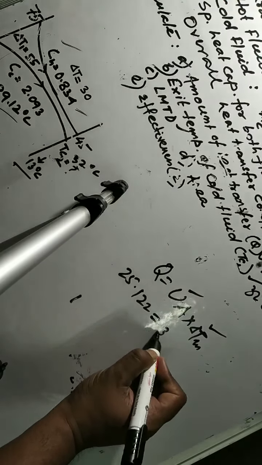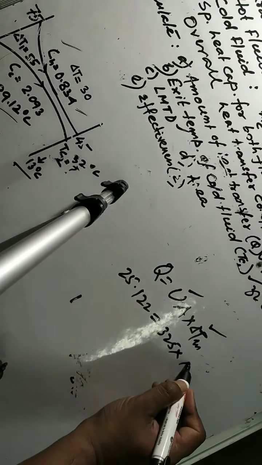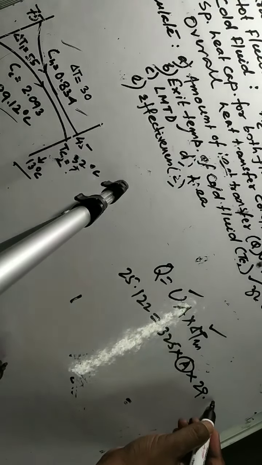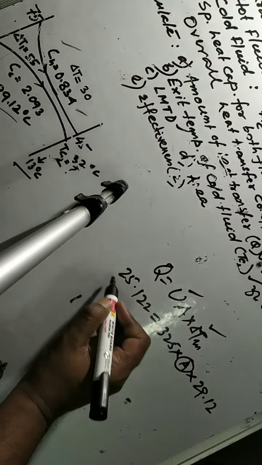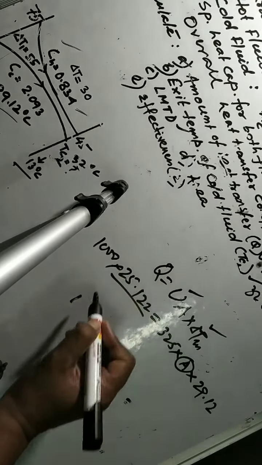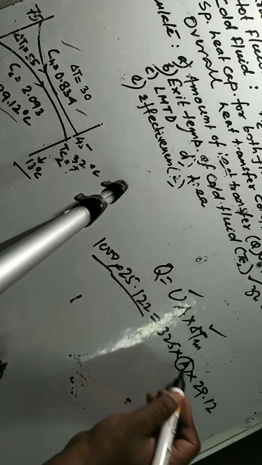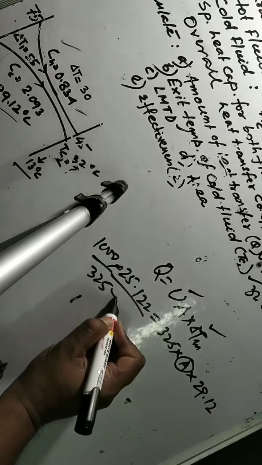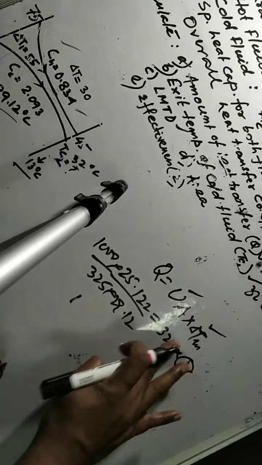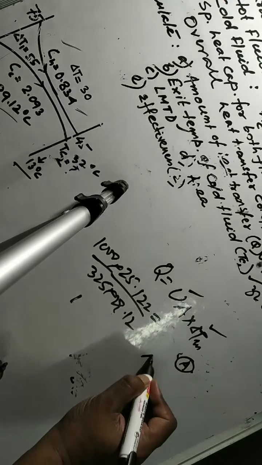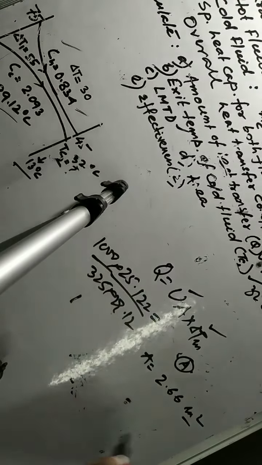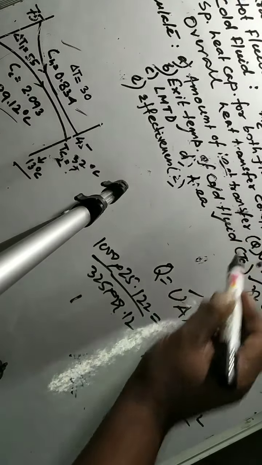U is 325. Area you need to calculate, and LMTD is given, 29.12. Remember this is kilojoule, so you multiply by 1000 for joule. So the area will be coming 2.66 meter square. So area you already got.